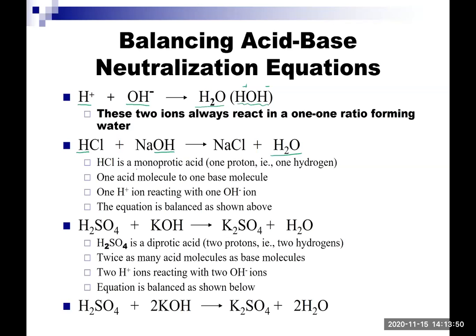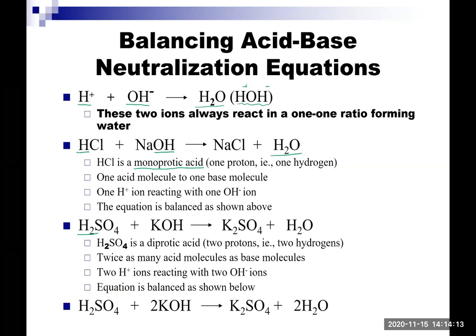This is a monoprotic acid, and this is the way any monoprotic acid would balance, including HF, HBr, HI, reacting with sodium hydroxide. But if we have a diprotic acid, like sulfuric acid, there are 2 protons here.